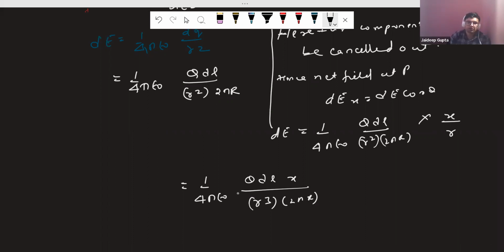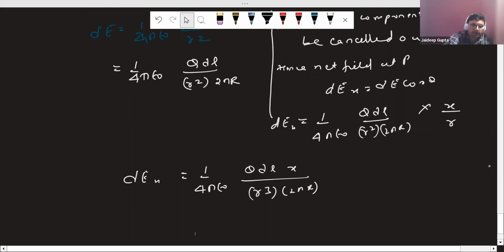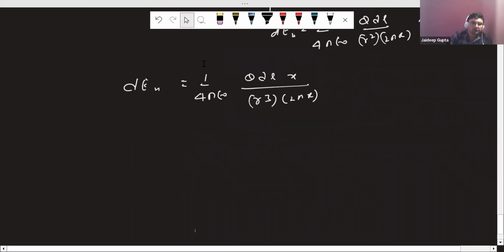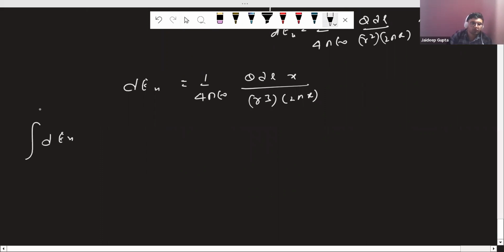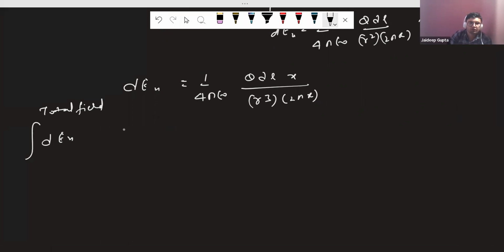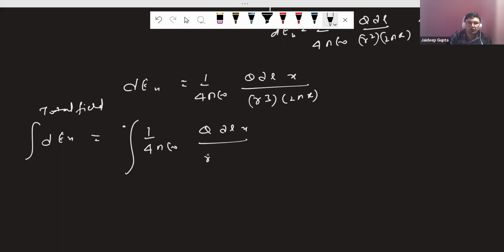No. Now further, this is dEx, net electric field. So the net electric field, total electric field, sorry, equals, we have to integrate x over r cube 2 pi r.